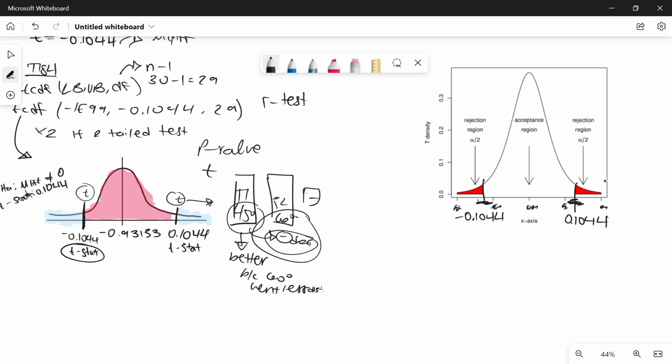So if I multiply this by 2, right? But that's not the p-value though. I have to find the probability value of this occurring, and I have to find the probability value of this occurring, right? Which would make sense.